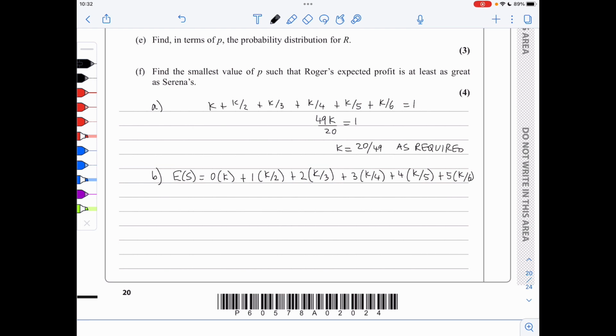This leads to 71k over 20 but we have just found that k is 20 over 49. So 71 over 20 times 20 over 49 gives an answer for the expectation of 71 over 49.